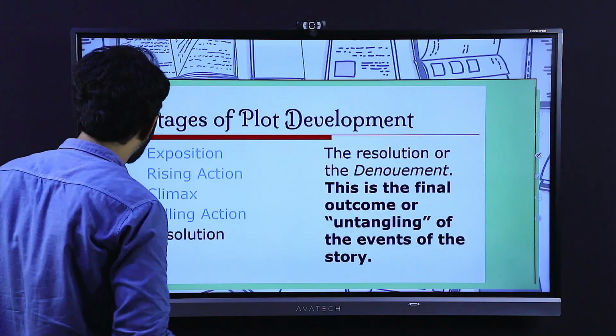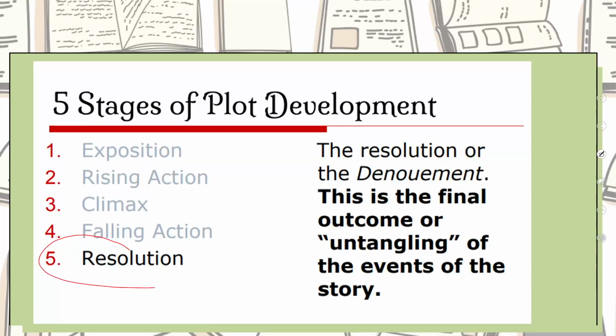Now, at the last stage, which we call resolution, we are moving towards the solution. This is what we can also call denouement, because it is moving towards the denouement of the story.